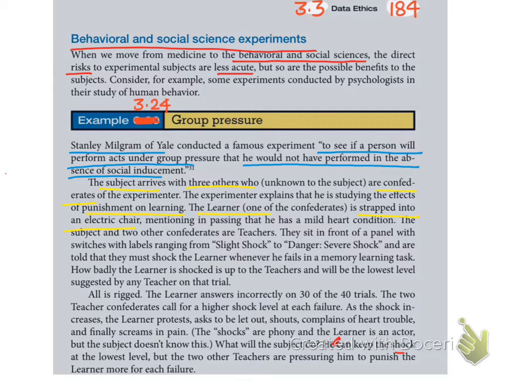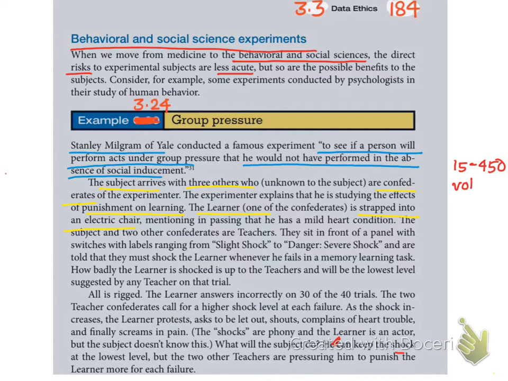The subject became the teacher, and the confederate, the learner, had been strapped to the electric chair, which has different severities of shocks. It ranged from 15 to 450 volts.